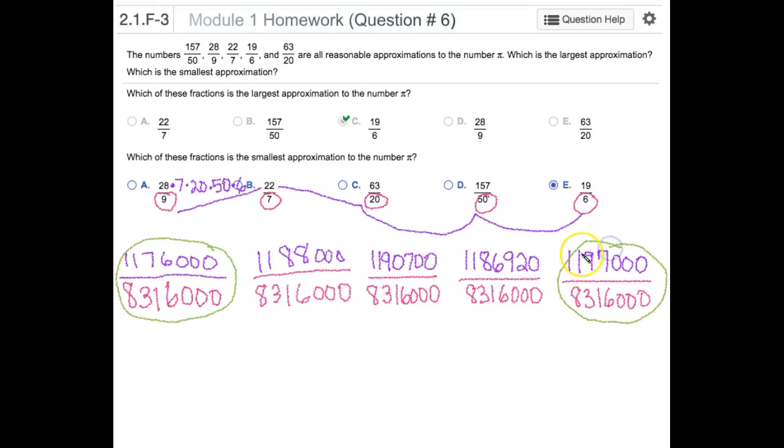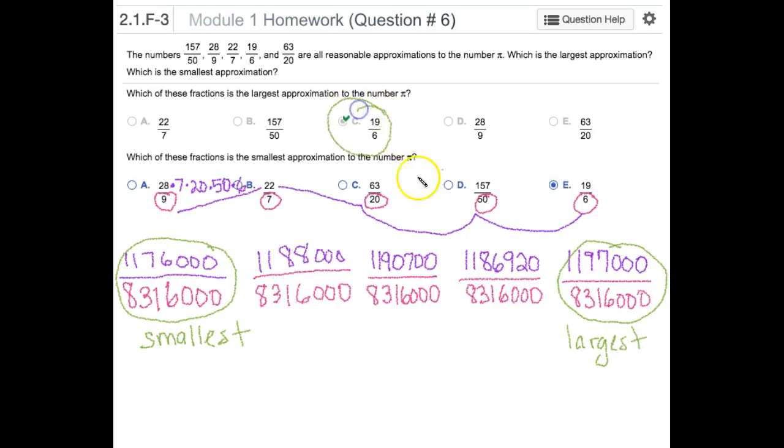I think that's just a coincidence, but the other ones in the middle are not in order. But anyway, the numerator up here is smaller than any of the other 4 numerators, and this numerator is larger. So this would be our answer for the smallest, and this would be the largest.